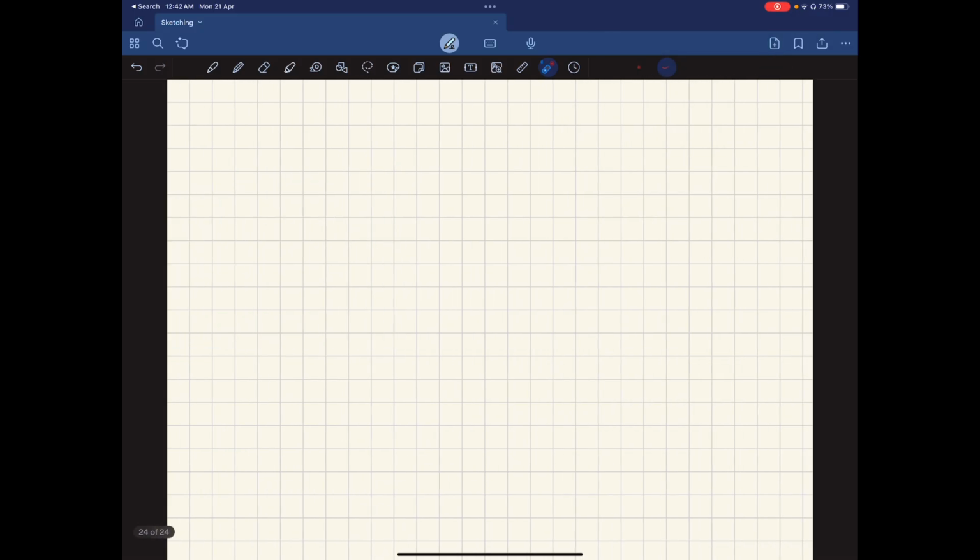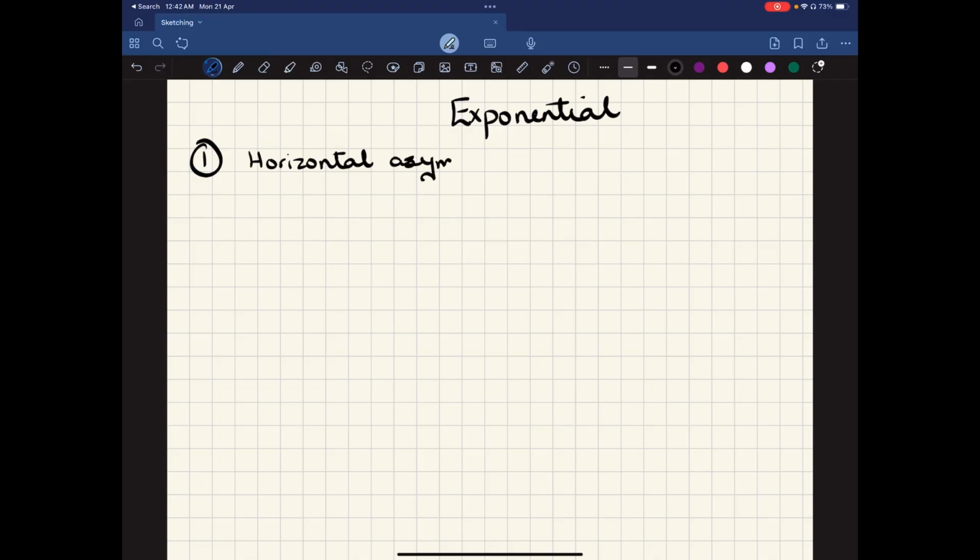Okay, so for sketching of exponential functions, exponential functions only have horizontal asymptotes, so you first need to identify those. How do we identify those?